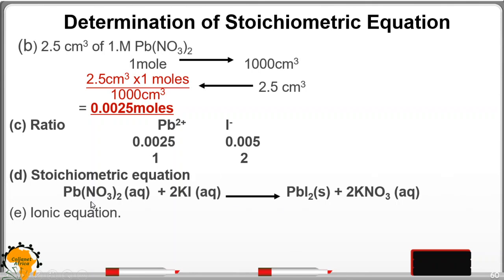So that is the stoichiometric equation. So these ions are presented by 1, and the ions here are presented by 2. So for the ionic equation, you write those which are in aqueous form in ionic form, and then you cancel out the spectator ions. So this will form lead plus 2 moles of iodide ions to form lead iodide.